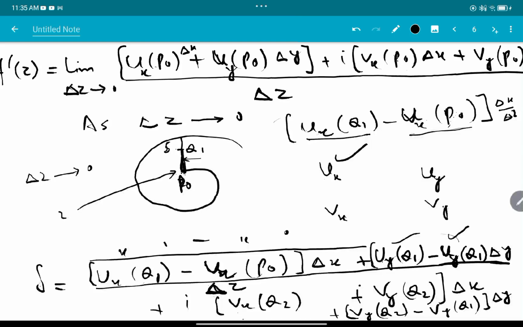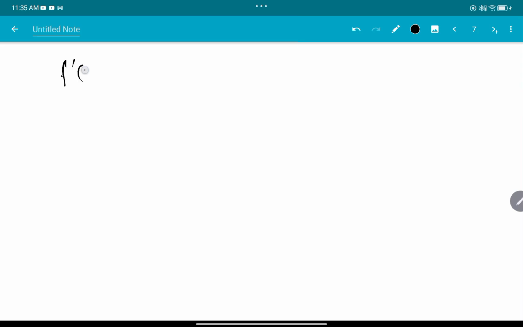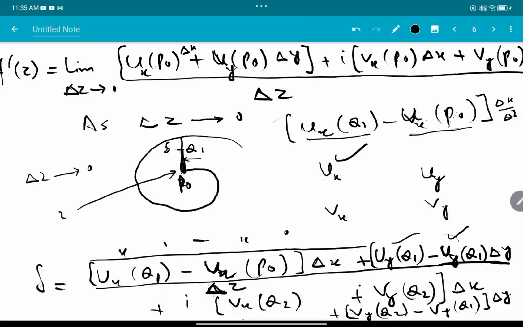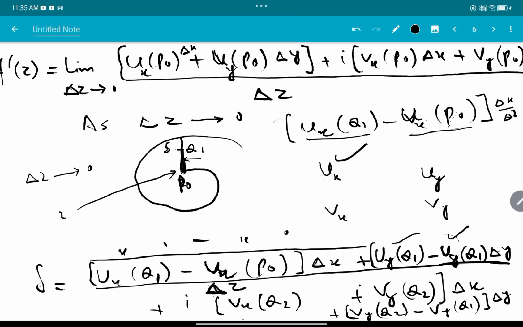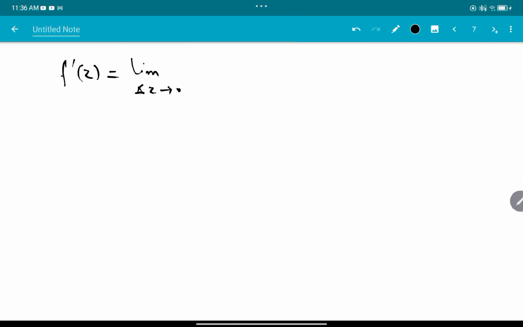a perfect derivative. You will be left with a derivative like this. The final derivative is then f dash z equal to limit delta z tends to 0 of ux at p naught delta x plus uy at p naught delta y.